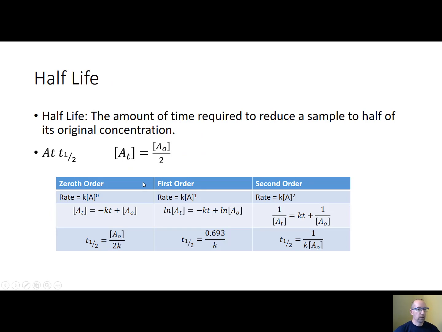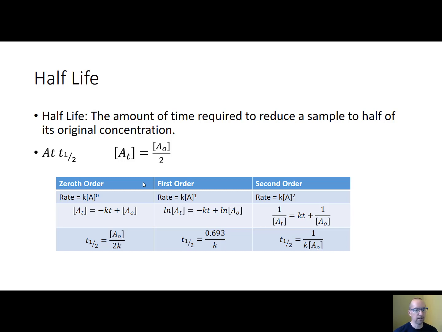Now, the final thing that we're going to go into here is something called half-life. The half-life of a reaction is the amount of time that it takes for the sample to go down to half of its original concentration. So if I originally started with 4 moles of something, the amount of time it takes me to get down to 2 moles is the half-life.